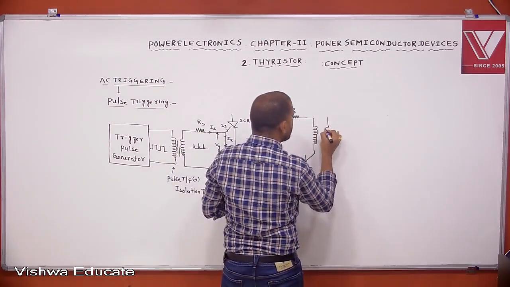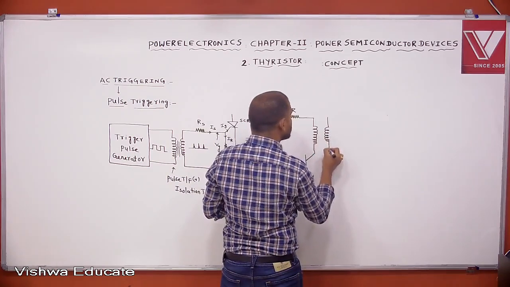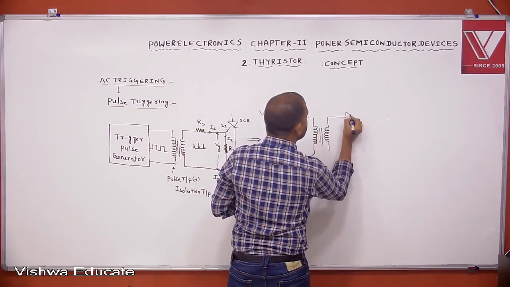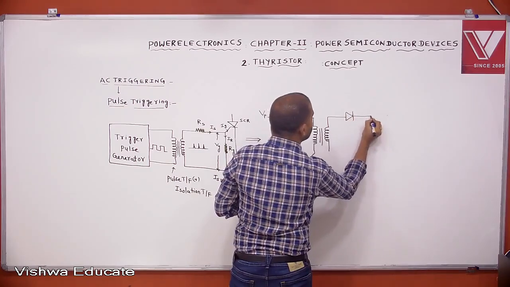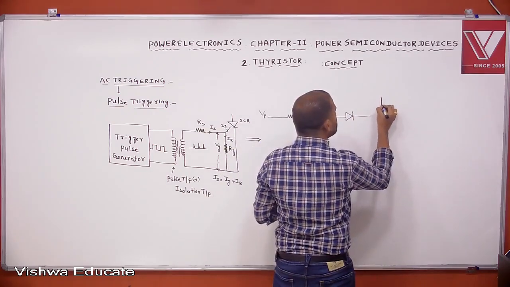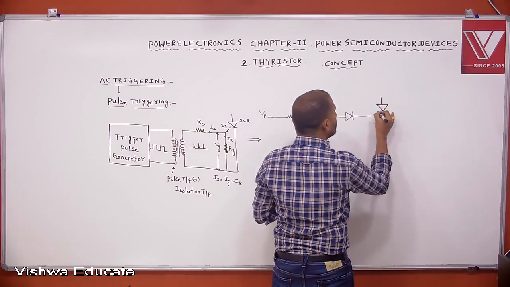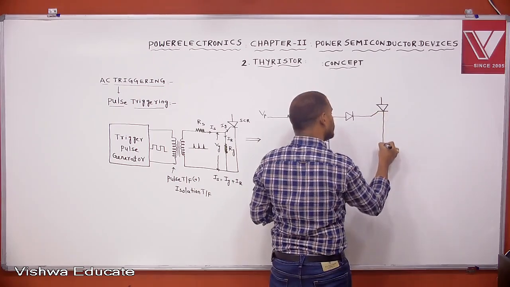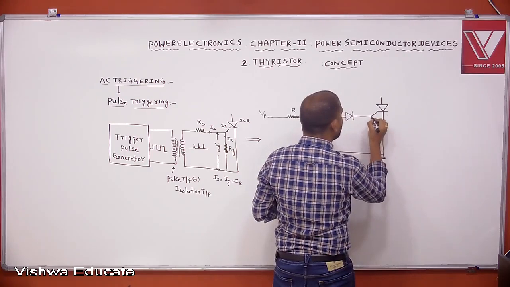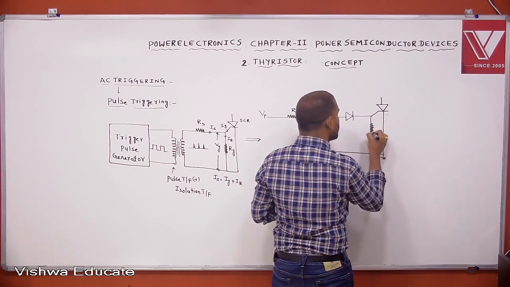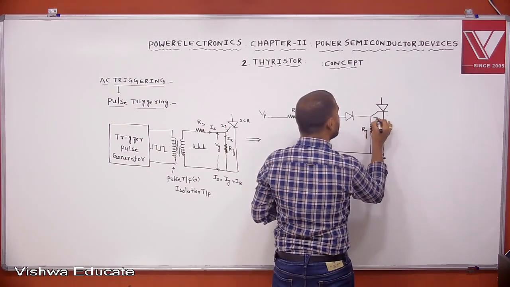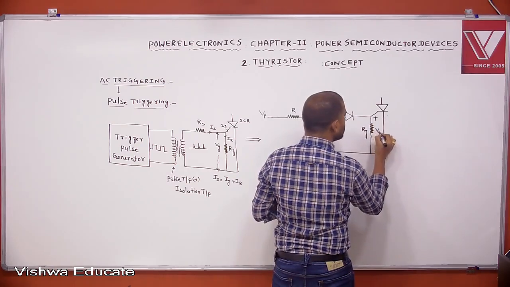This is connected to the pulse transformer, and also to the thyristor gate. This gate to cathode resistance is RG, and this gate to cathode voltage is VG.